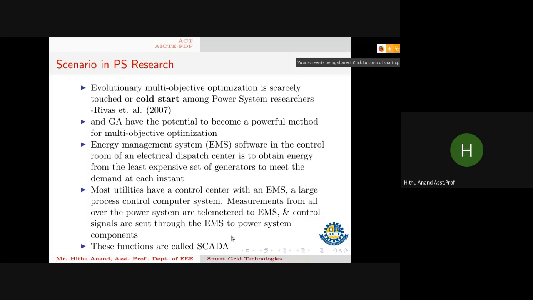So that real-time data is collected and monitored with the help of the SCADA system. And there is something called the energy management system where we put the algorithms to make the decisions. If such decisions are taken, our systems are performing well.